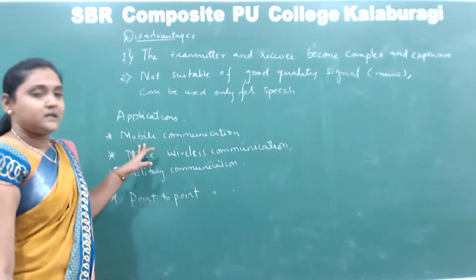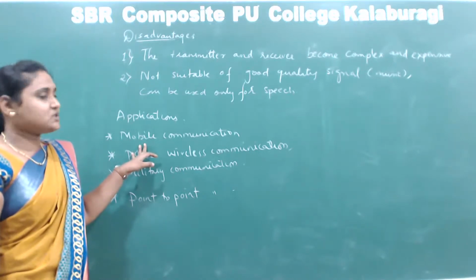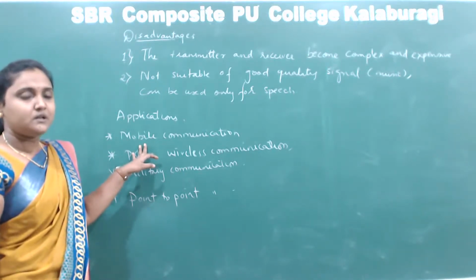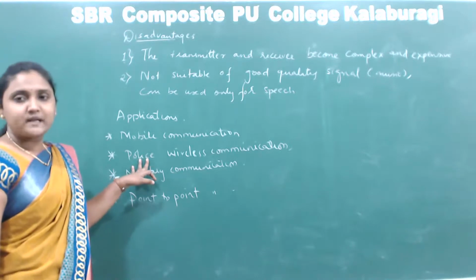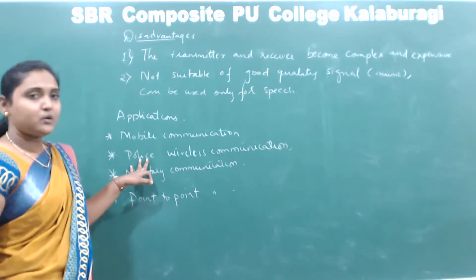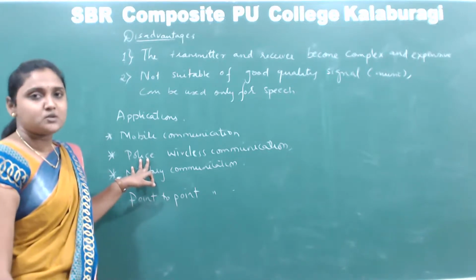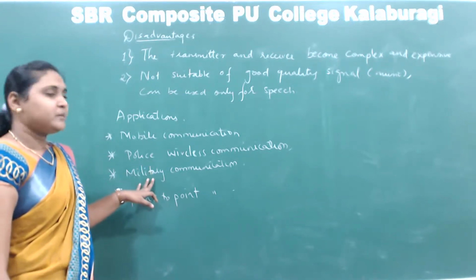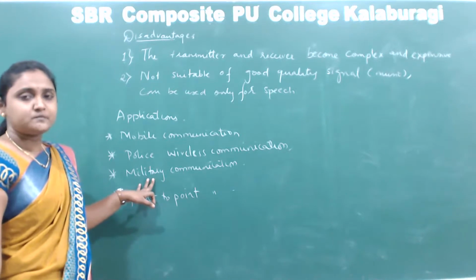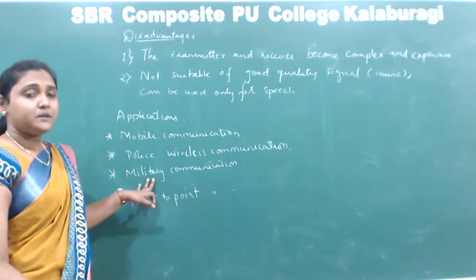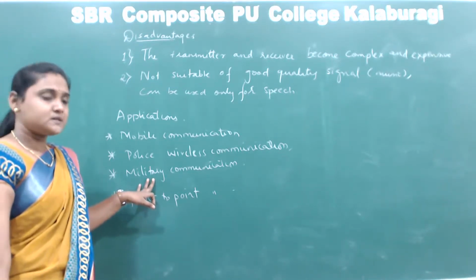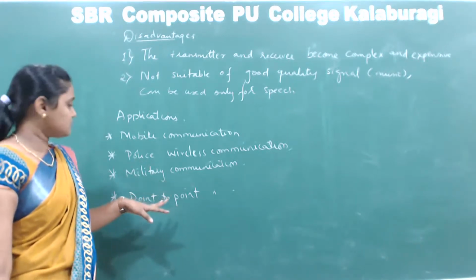So it is used in mobile communication, where again only the speech matters, the quality of the signal hardly matters. Police wireless communication in the walkie-talkies, where only passing the information is important and the quality of the sound is not going to play a very important role. Military communications from the base to the remote locations, or for the communication of the soldiers.